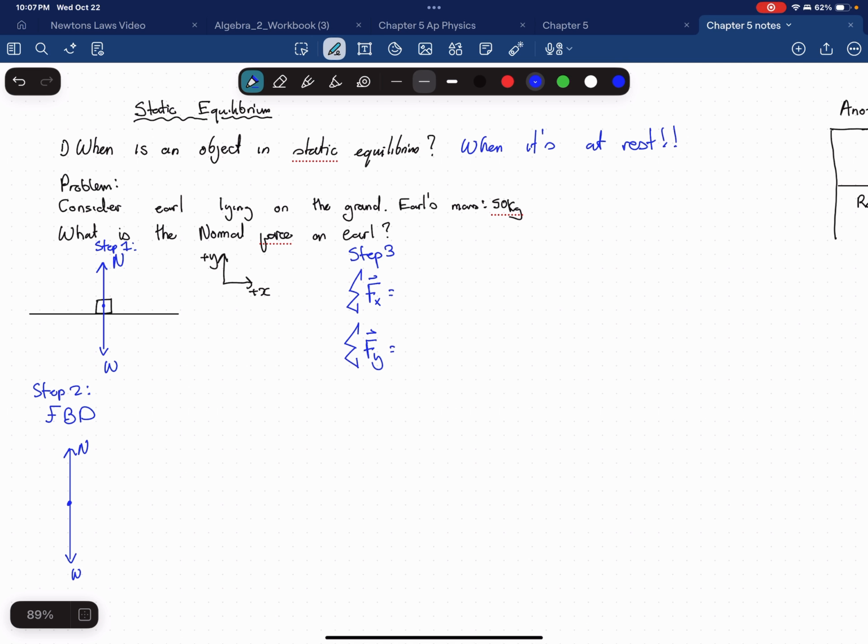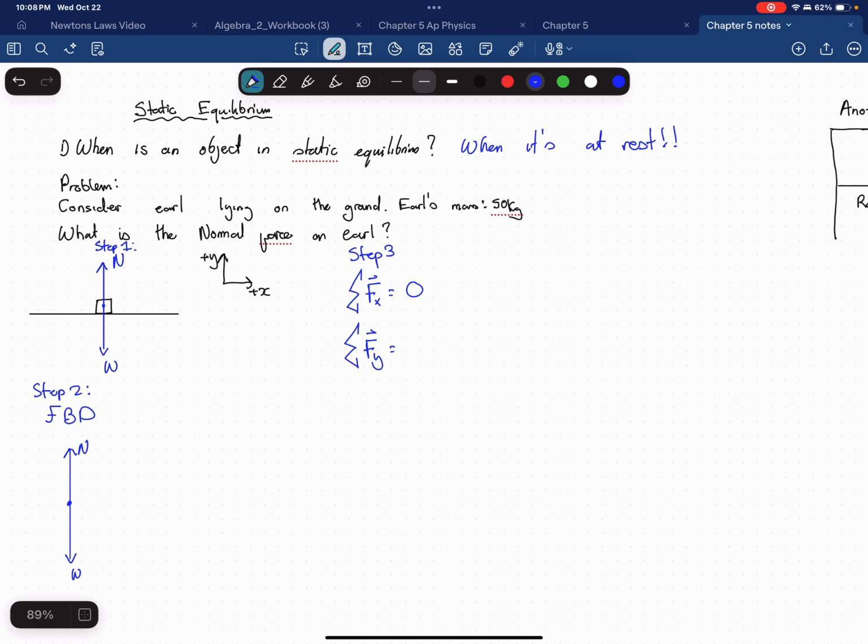So what's the sum of forces in the x direction? Well, we're at rest. We aren't moving in the x direction, so that's 0. There's nothing pushing it. Remember, force is a push or pull. There's nothing pushing it to the left or to the right.